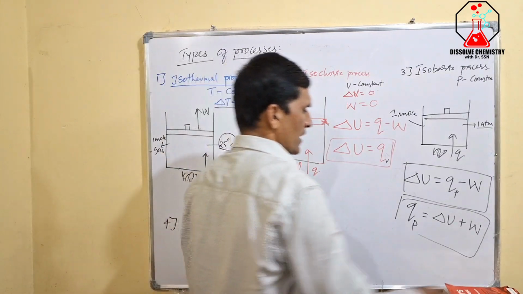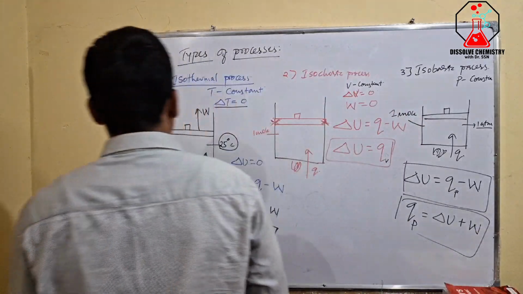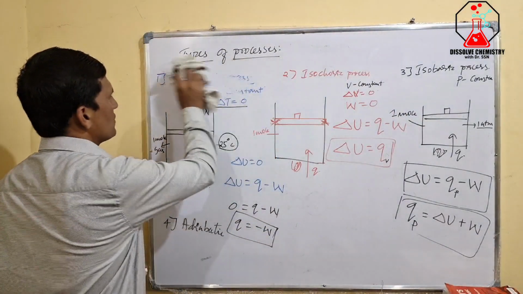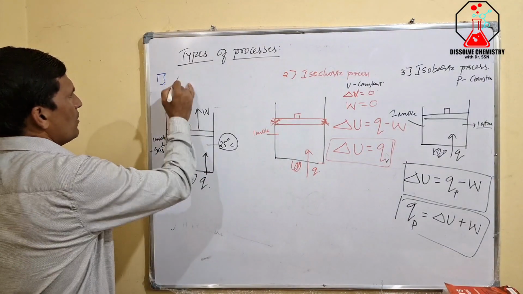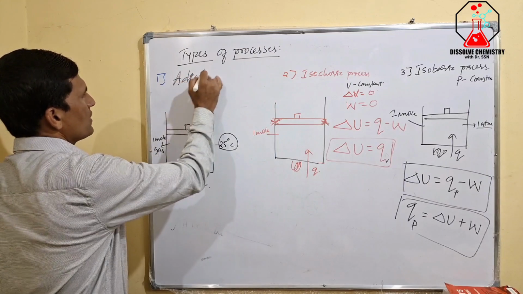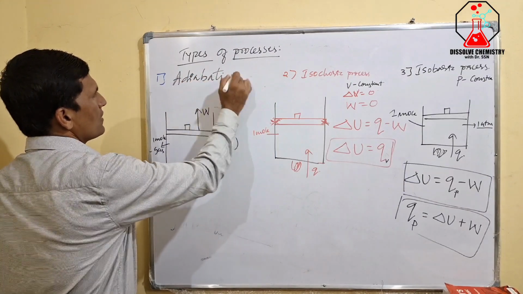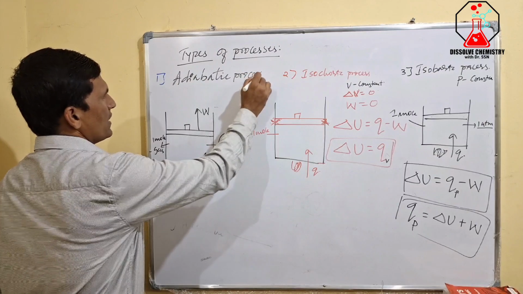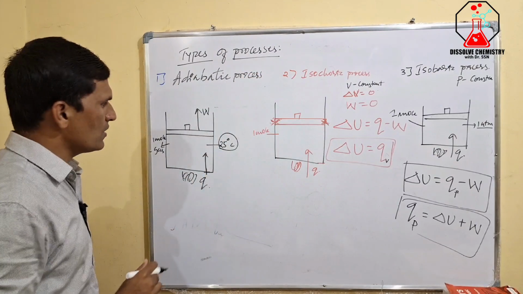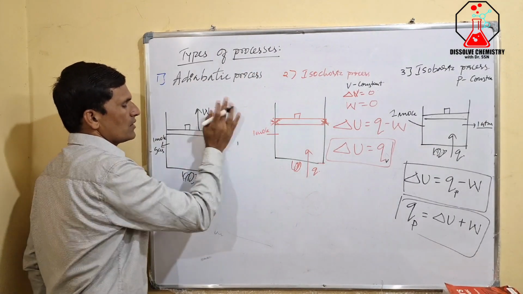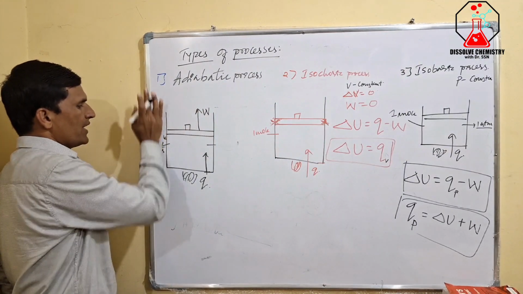Next we will move on to the next process, very important, that is the adiabatic process. Now this adiabatic process is very interesting. As the word itself says, what is the meaning? The system will be isolated.